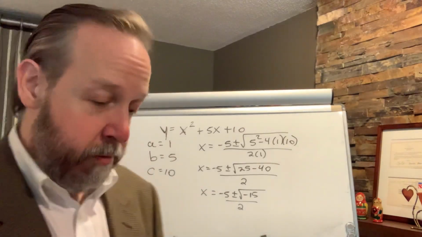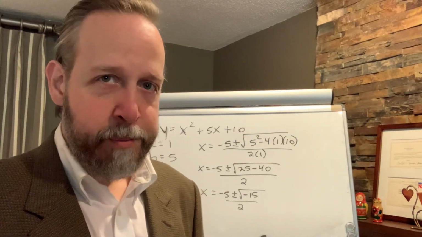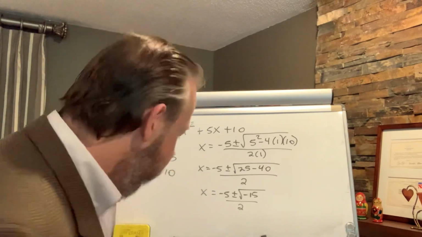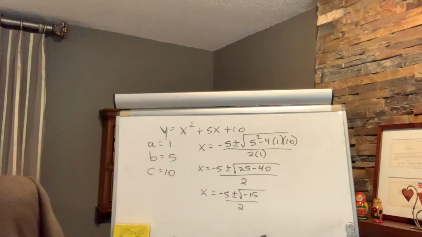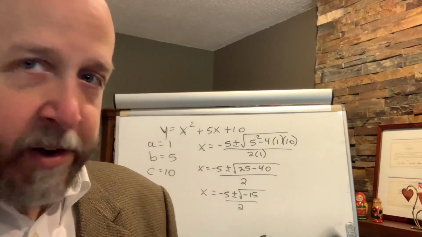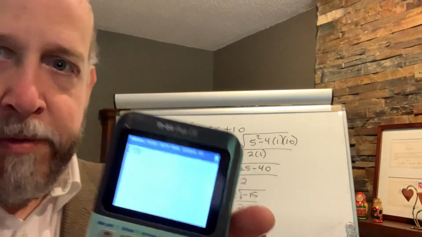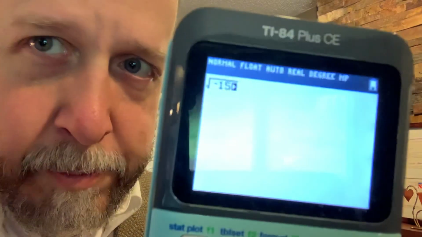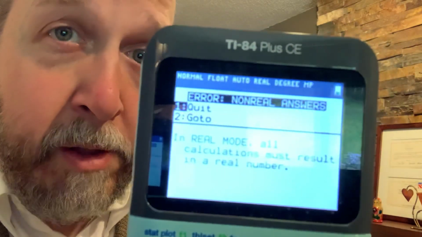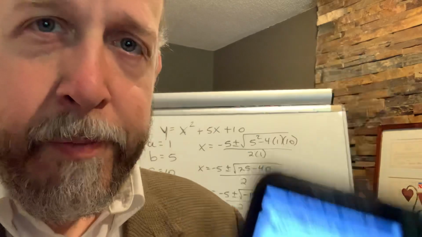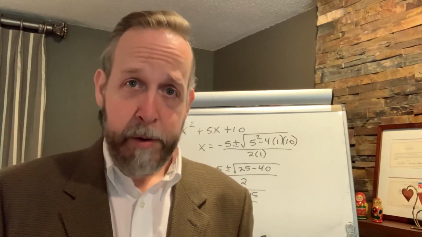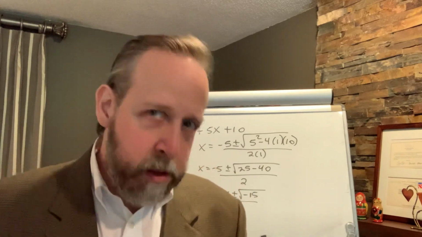Now, 15, or -15, are not perfect squares. So the answer would be a decimal if you could find one, but there's a problem here. If you ask your calculator to find the square root of -15, it's going to say error, non-real answer. There is no square root of a negative number in the real number system.